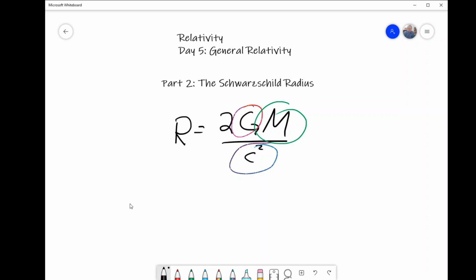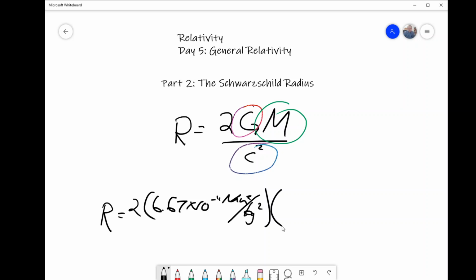So, using some familiar data, if we were to turn the Earth into a black hole, well, we would have the 6.67 times 10 to the negative 11 Newton meters squared per kilogram squared. Earth's mass is usually around 5.97 times 10 to the 24.